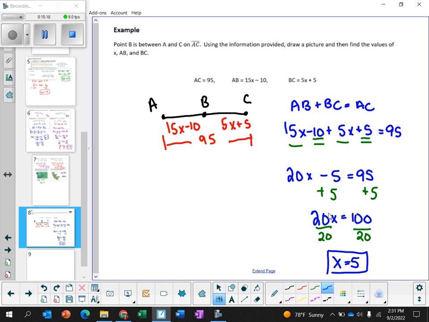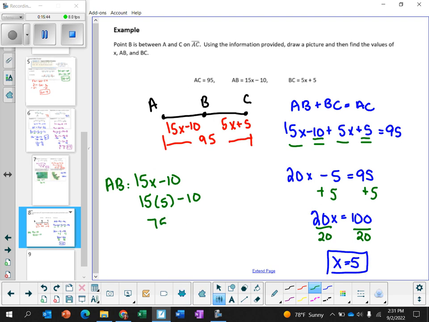But that's not all they wanted. It said using the information provided, draw a picture, which we did, and find the values of x, AB, and BC. So if I want to find AB, it was 15x - 10, and we just found out x is 5. So that's 15 times 5 minus 10.